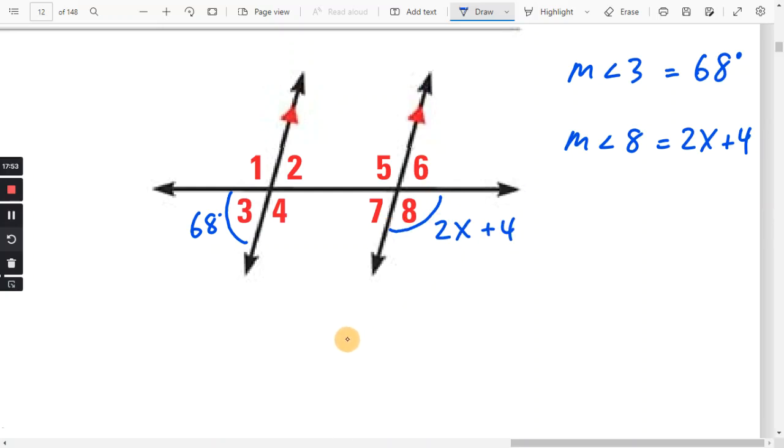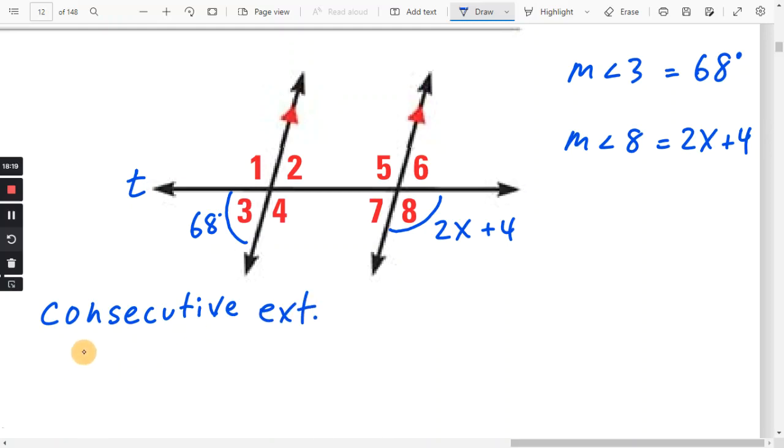And just looking at these, this line going left to right is your transversal, that's T. And it looks like they are both on the exterior and they are both on the same side of T. Okay, so these are consecutive exterior.